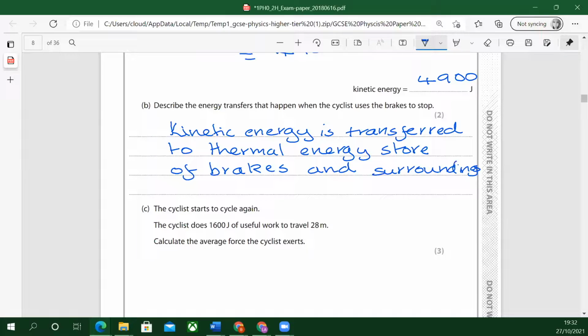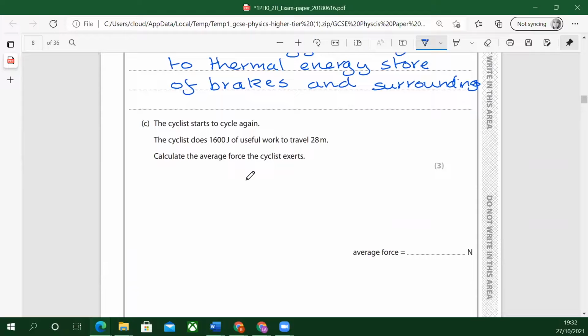Okay, D. The cyclist starts to cycle again. The cyclist does 1,600 joules of useful work to travel 28 meters. Calculate the average force the cyclist exerts. Okay, so let's have a look. We've got energy. We've got 28. So it's actually work. Okay, it's not an obvious one. It's a little bit like the pressure in the pistons from earlier.